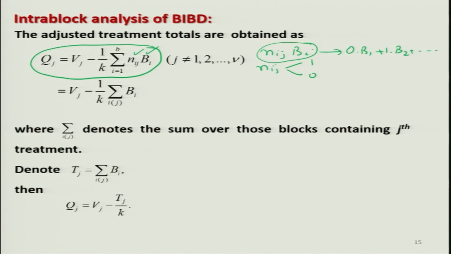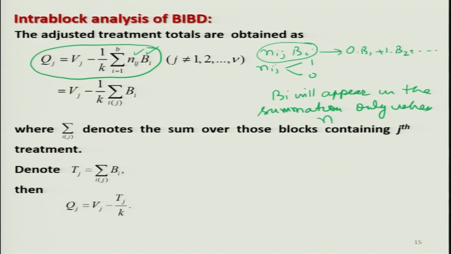So, Bi will appear in the summation only when Nij is equal to 1. That means you are going to consider the sum of only those block totals in which the jth treatment is appearing.